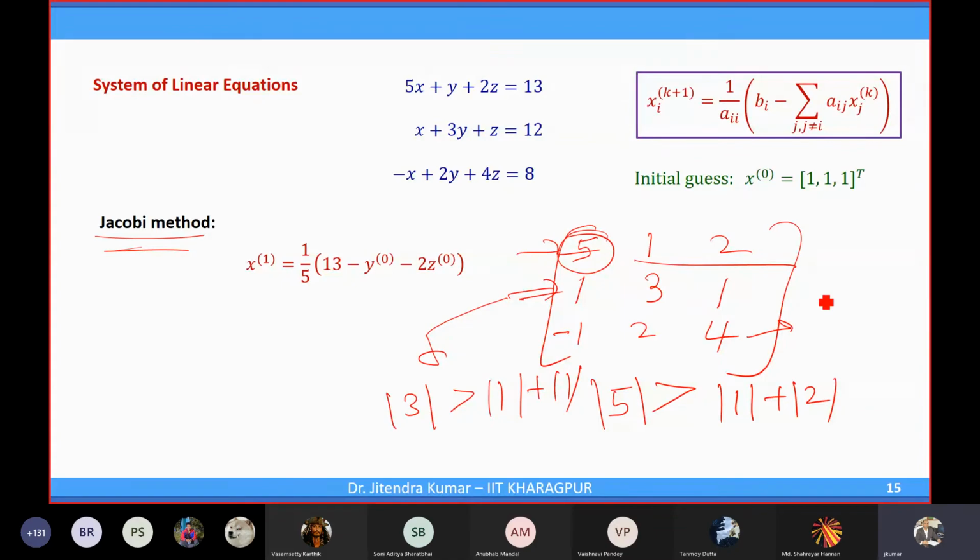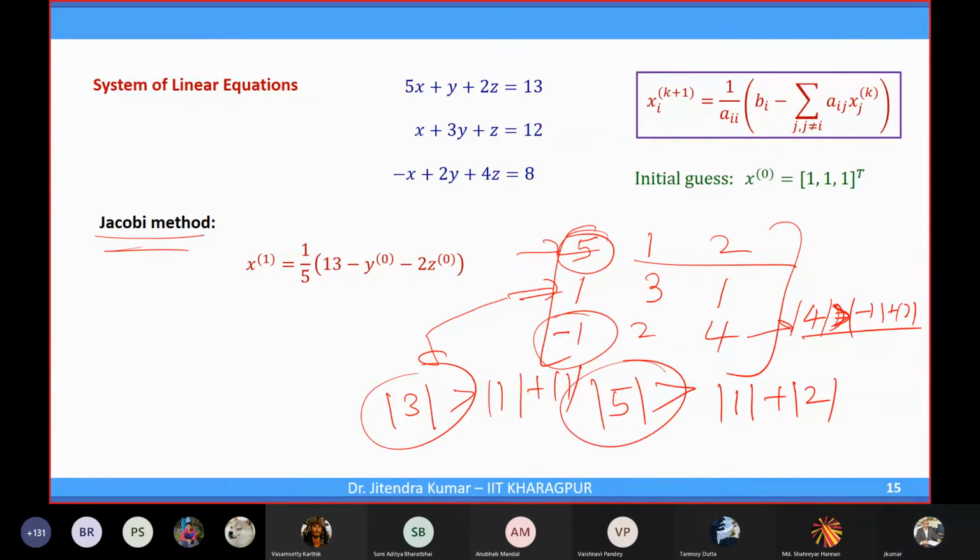In this row, 4 is the diagonal entry. The absolute value of -1 is 1, plus the absolute value of 2, so this also holds. So it is strictly diagonally dominant. Every diagonal entry should be bigger than the sum of the other entries in that row, and then the matrix is called a diagonally dominant matrix.